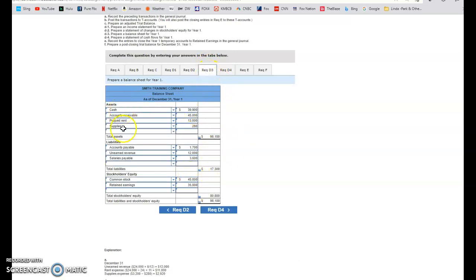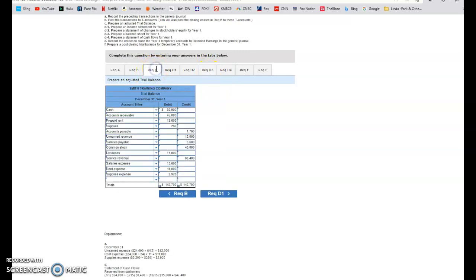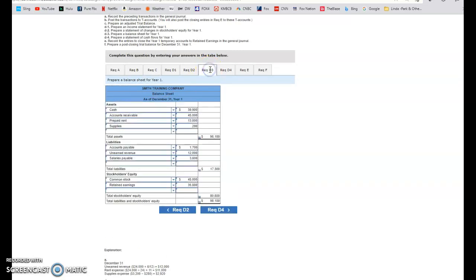But to get these assets, I'm going to go back. Here's cash. Here's all the assets. So I'm going to list all of those for my balance sheet. And then I add up total assets to the right.